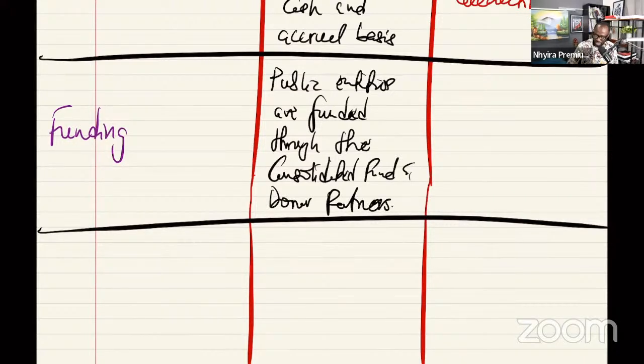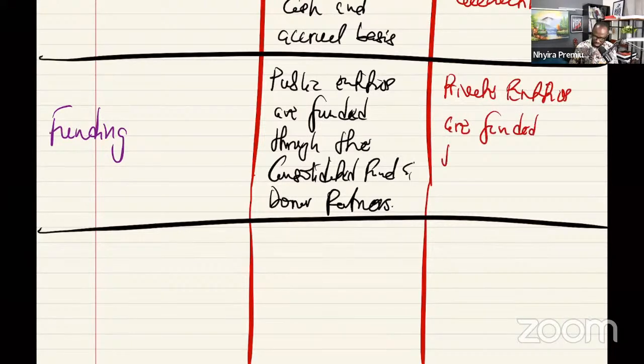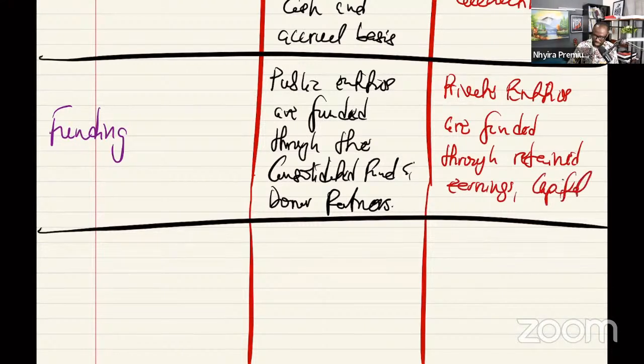Yes, please. But when it comes to private sector entities, they are funded through retained earnings and capital contributed by the owners of the business.